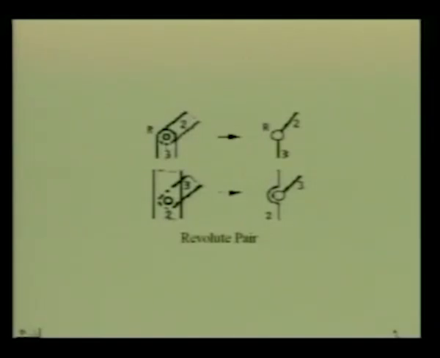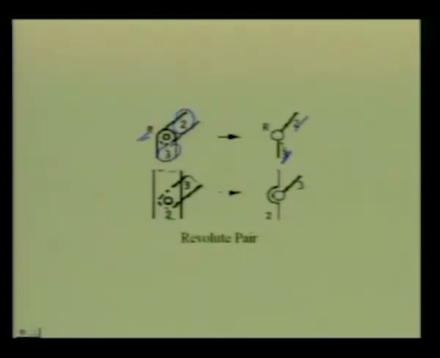The next slide shows how we represent a revolute pair in a kinematic diagram. Suppose link number 2 and link number 3 are connected by a revolute pair. In the kinematic diagram, link 2, represented by this line, and link 3, represented by this line, are connected by a revolute pair.